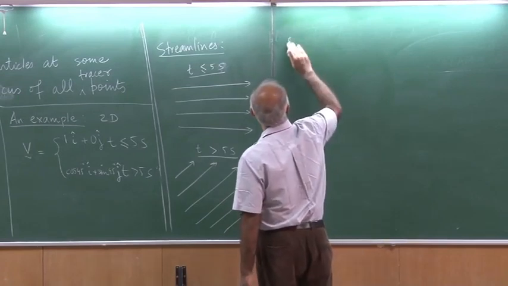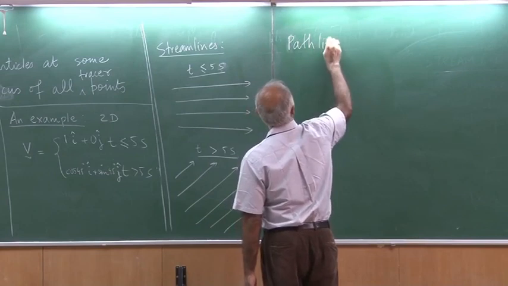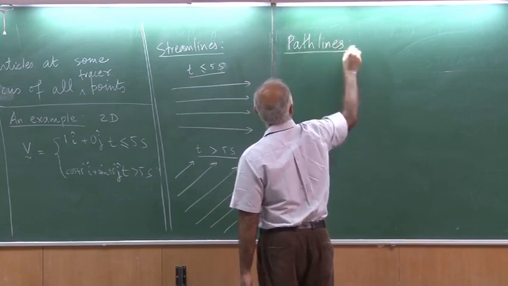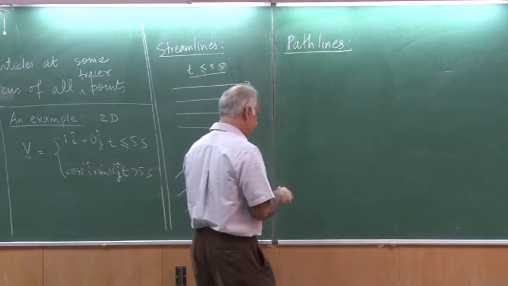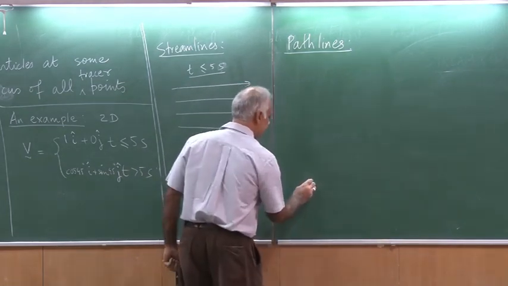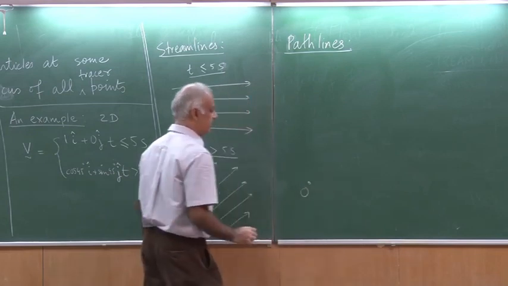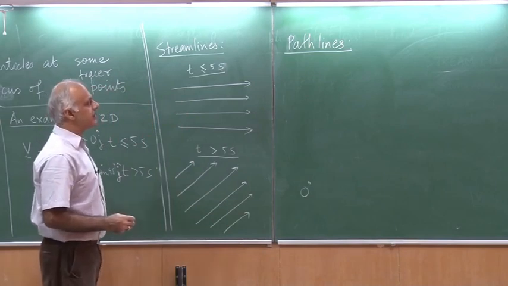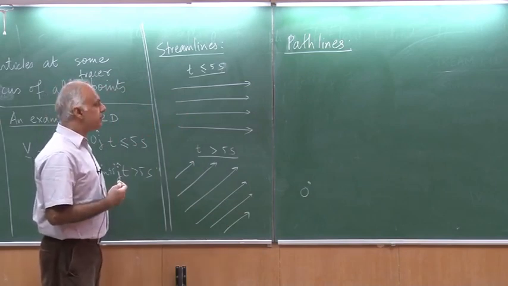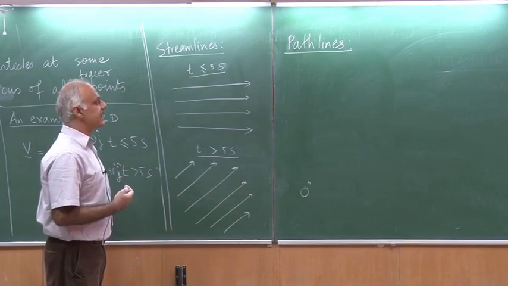So I first want to draw path lines. And then I am going to show you the streak lines. So let us say I want to release the points at this origin O, and I would like to track the path of particles till 10 seconds.